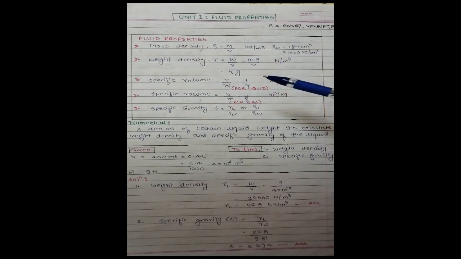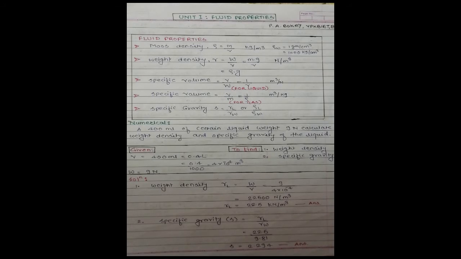It is denoted by the symbol rho, and the SI unit of mass density is kg per cubic meter. The density of liquids may be considered constant, while that of gases changes with the variation of pressure and temperature.